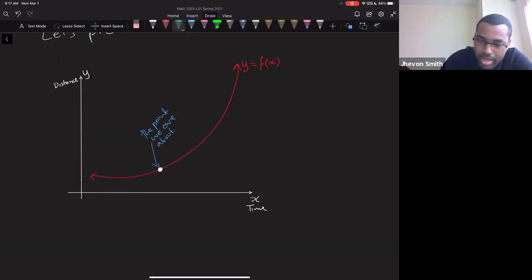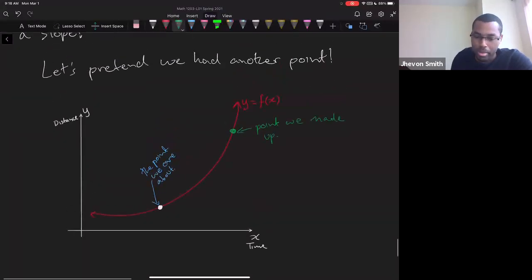And here is another random point we made up. And what I'm going to do is connect those with a line.